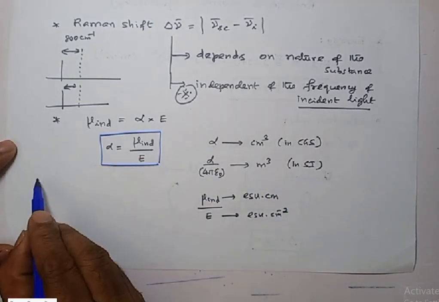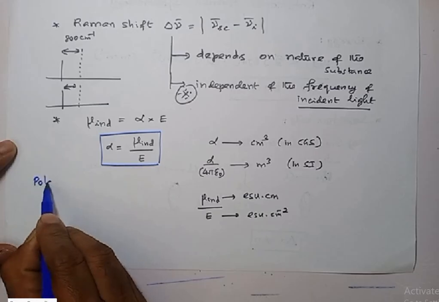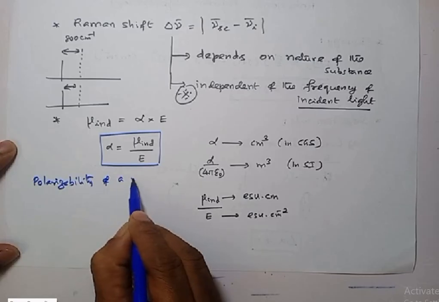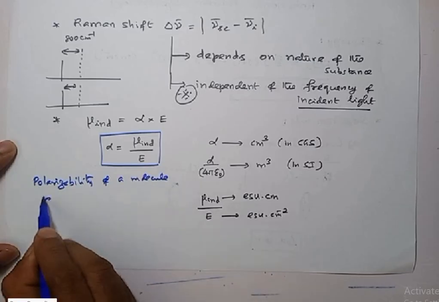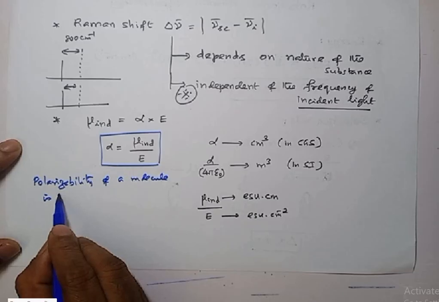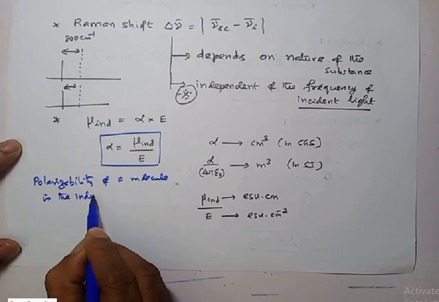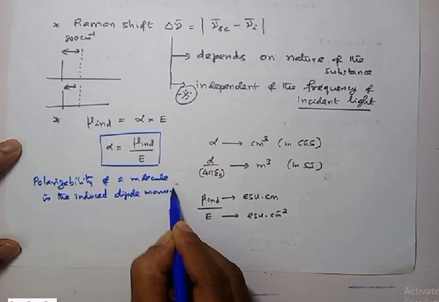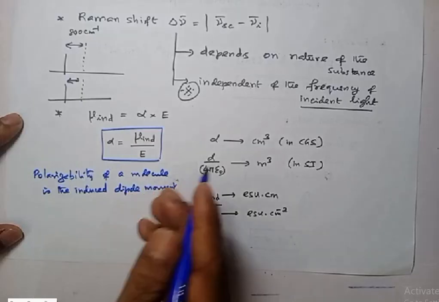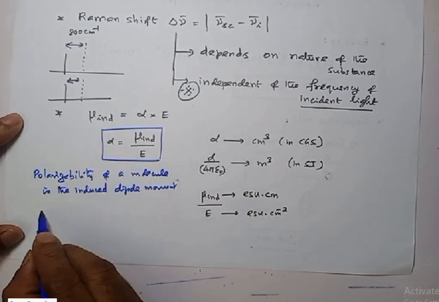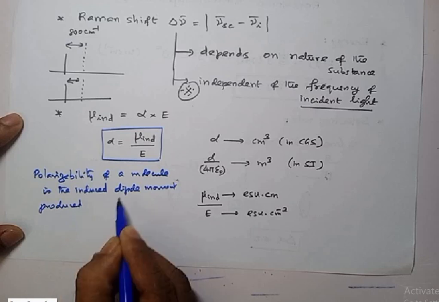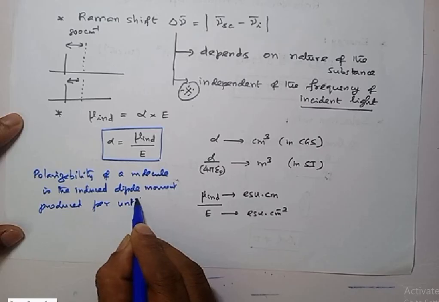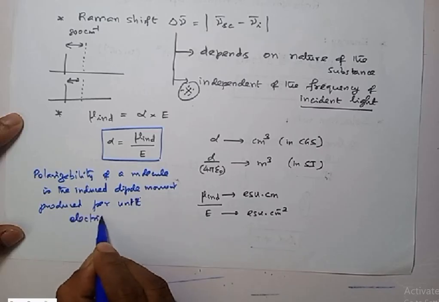What's the definition? Polarizability of a molecule is the induced dipole moment produced per unit electric field applied.